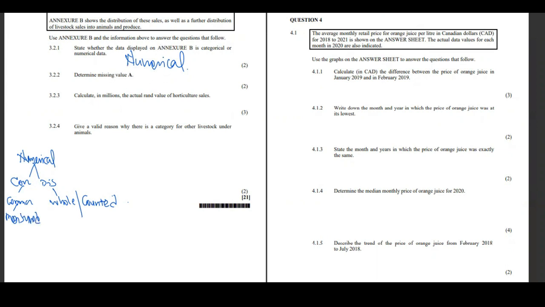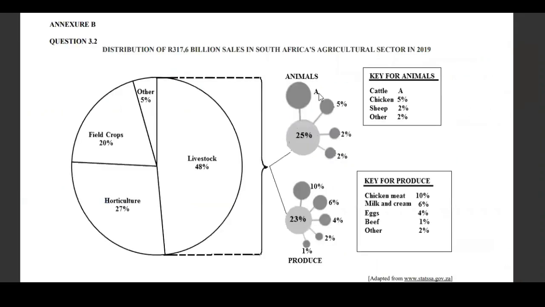All right, let's look at the missing value of A. Let's look at the annexure. The missing value of A falls under the category of animals, and the percentage there is 25. So when you add all these other small percentages, they should add up to 25, not 48. Why do I say 25? Because they're saying that all these percentages make up 25%.